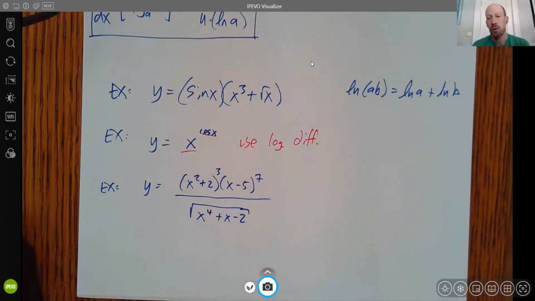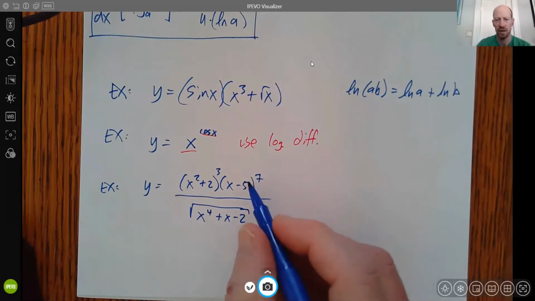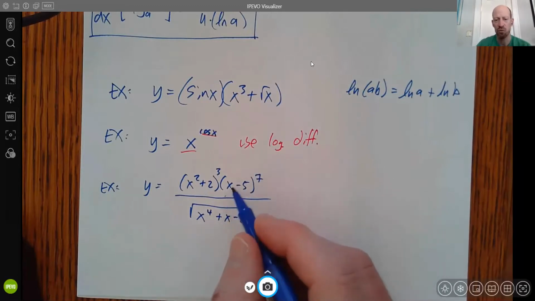So here is one where you can take the derivative directly, but you should be sort of intimidated or horrified by this one, right? Because you've got a quotient rule and you've got chain rule and you've got a product on the top.